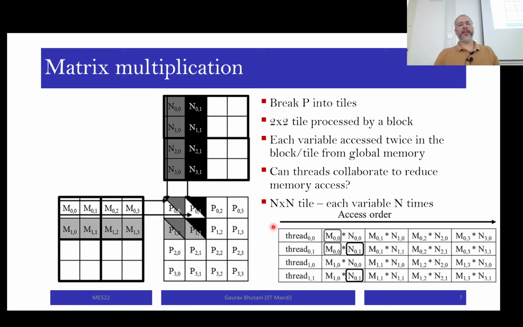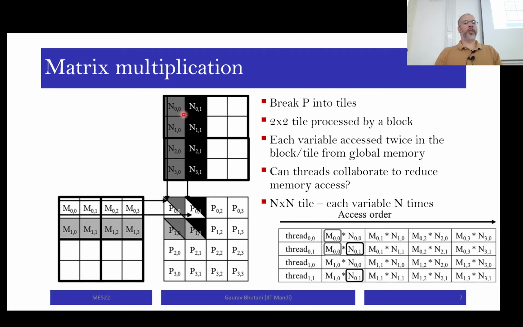So, every variable is accessed twice in a tile, and whenever you need it you have to request it from the global memory. If somehow we could move all the elements that we have here onto the shared memory, then we could reduce our global memory access by half.